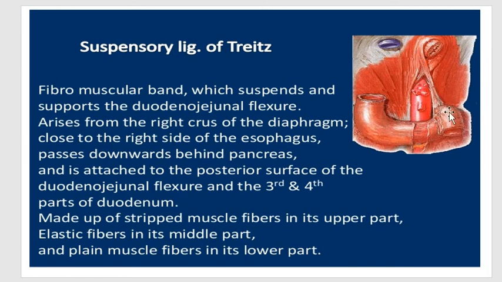Sometimes its contraction may cause partial obstruction of the gut, because it lies at the junction of the third and fourth parts of the duodenum. When it contracts, this part is pulled up. So this is about the duodenum.